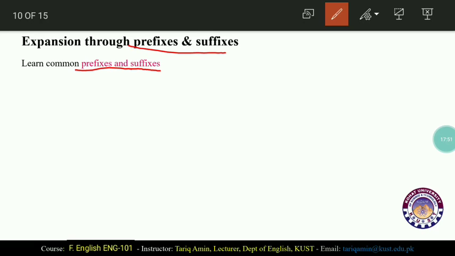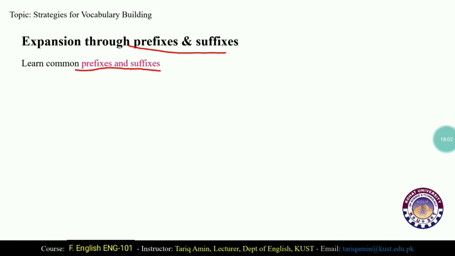And you need to memorize the meaning of different prefixes and suffixes in different contexts. For example, different prefixes and suffixes give different meanings in different words. So you need to know the different prefixes and suffixes and the different meanings that they give when they are attached to different words.